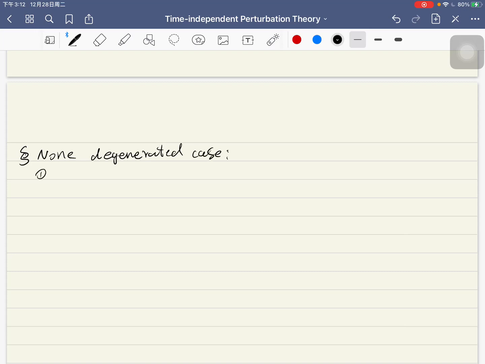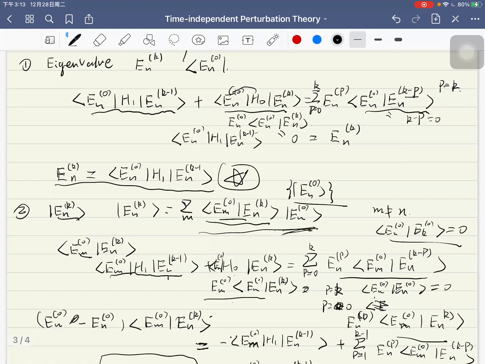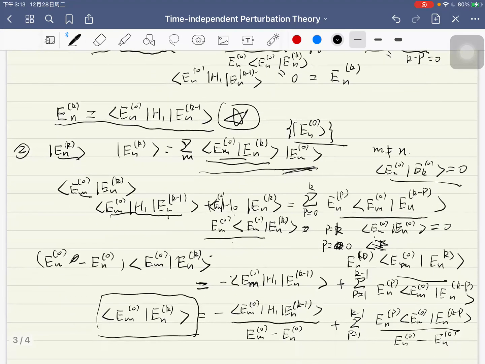And the first order. First order perturbation is quite easy. First, we calculate the eigenvalue E_nk. We use this formula.